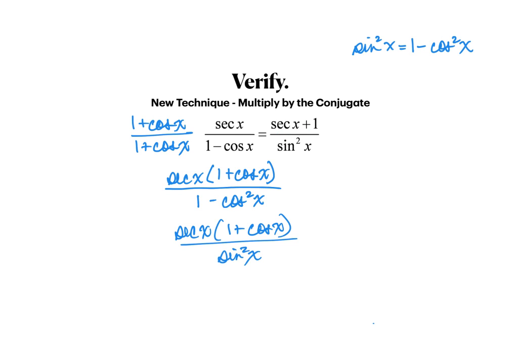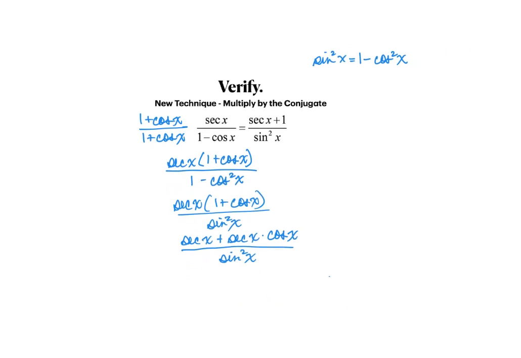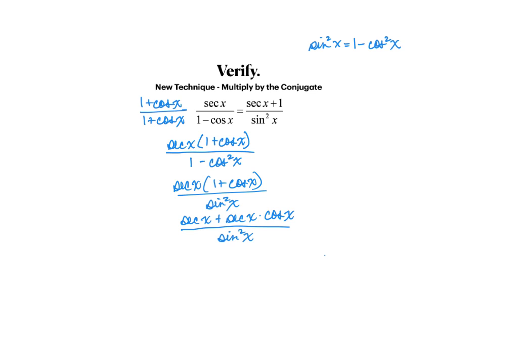Let's see what we can do here. So I'm going to distribute secant of x. That gives me secant of x plus secant of x times cosine of x all over sine squared x. Now, we always look from where we are to the other side to compare.